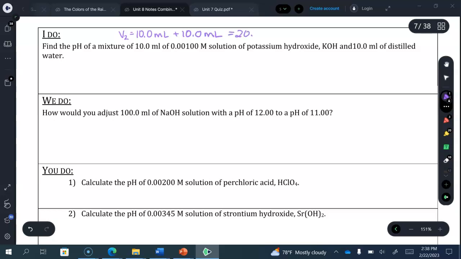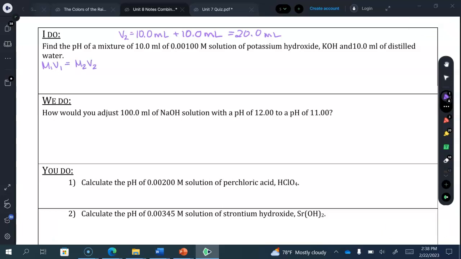So we need to use the dilution equation to find the new concentration of potassium hydroxide, and then we can determine the pH of that solution. So the dilution equation is M1V1 equals M2V2. Substituting in for volume 1, molarity 1, and volume 2, we can solve for the molarity 2, which will allow us to calculate the pH eventually.